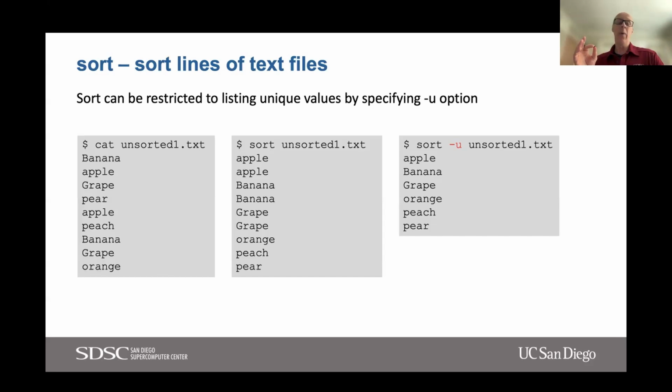And note though that we do have repetition. The line apple appears twice, banana appears twice, grape appears twice. If we did a -u, this is going to give us just the unique values. So now it's restricted to apple, banana, grape, orange, peach, pear, sorted, but also reduced to the unique occurrences of each line.